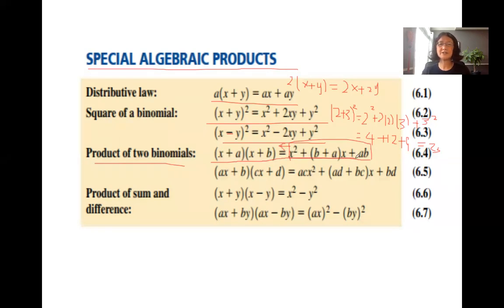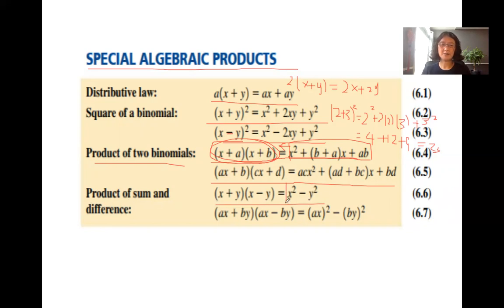Given this expression, can you write down a product? Okay. Similarly, this one here. Okay. So last one is product of sum and difference. Okay. Again, this is the basic foundation for factorization.